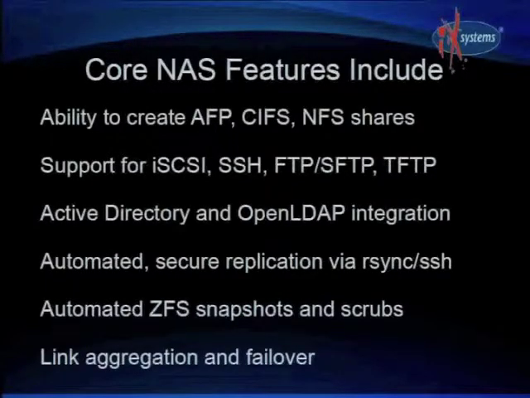FTP is a quick and dirty way of providing access to data. And we do support secure FTP and setting up chroot environments for your users. And if you want to save your network device configurations in your network, we do support TFTP. So for example, if you want to save your Cisco configurations.